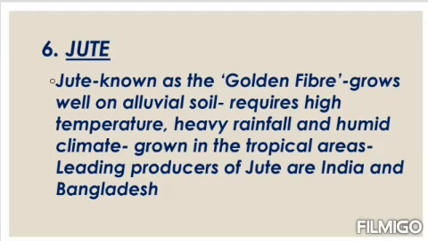So dear children, don't forget that jute is otherwise known as golden fibre. It grows well on alluvial soil and it requires high temperature, heavy rainfall. India and Bangladesh are the leading producers of jute.